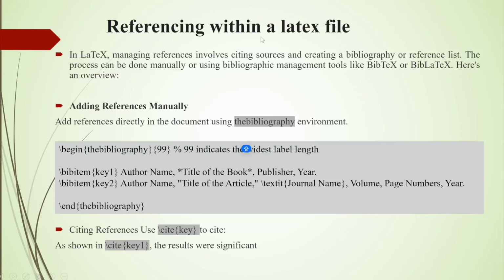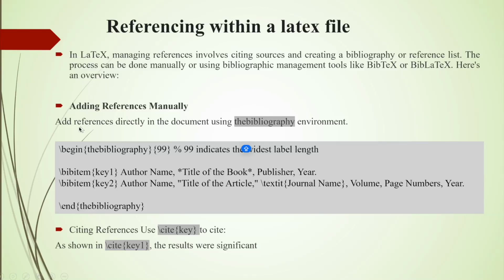Next, referencing within a LaTeX file. In LaTeX, managing references involves citing sources and creating bibliography and reference lists. The process can be done manually or using bibliographic management tools like BibTeX and BibLaTeX. Here is an overview.